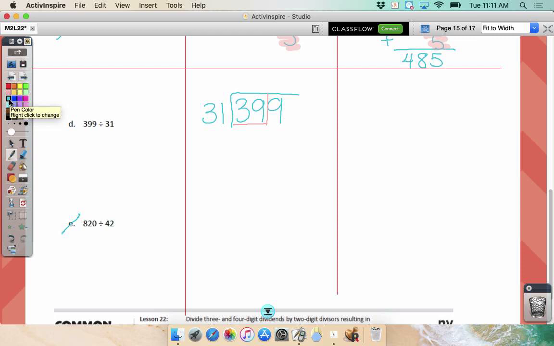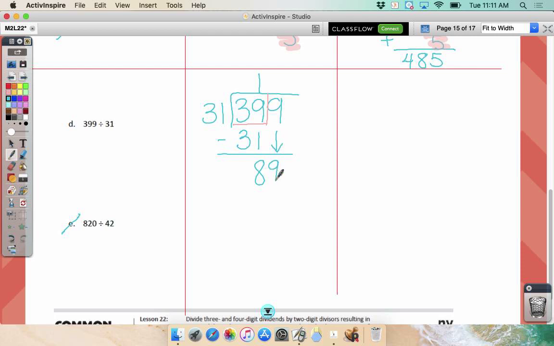Box. Okay. So how many times will 31 go into 39? One time. And that's going to be 31. And I think the person that said 8 was a little bit ahead of me because they were already subtracting. Okay? So you got this written down.